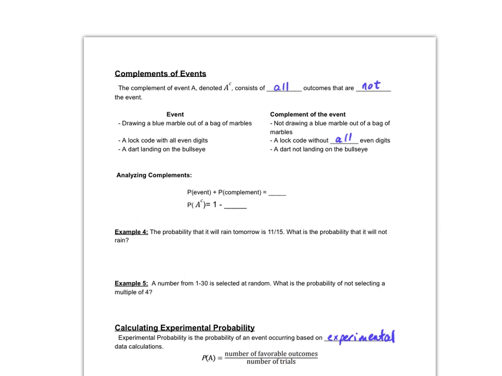Sometimes we can determine something by looking at its complements, determine the probability by looking at the not probability, should I say. So the complement of event A, denoted by A raised to the C, consists of all outcomes that are not in the event. So some examples: if I had this event, drawing a blue marble out of a bag, the complement to that would be not drawing that blue marble out of the bag.